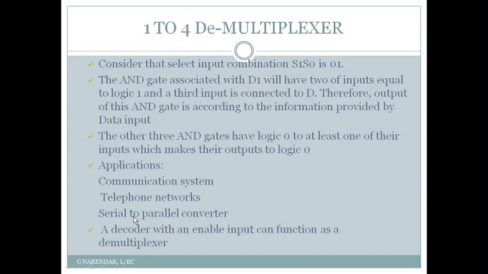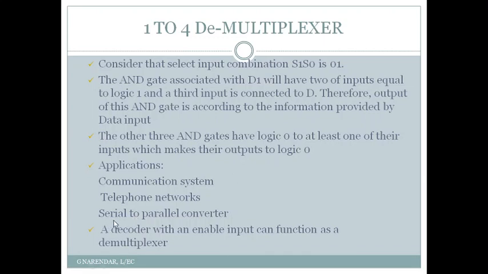This is very necessary because the data processed by a digital computer is parallel data, but if you transmit the data in parallel, you require more transmission lines, which is not economical.